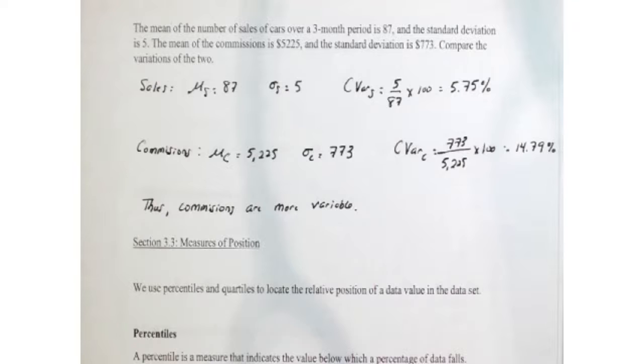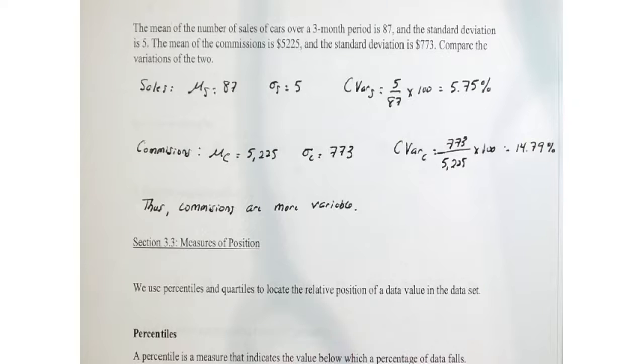Now we're on to section 3.3, which is about measures of position. First we're going to talk about percentiles, and then quartiles. We use percentiles and quartiles to locate the relative position of a data value in a data set.